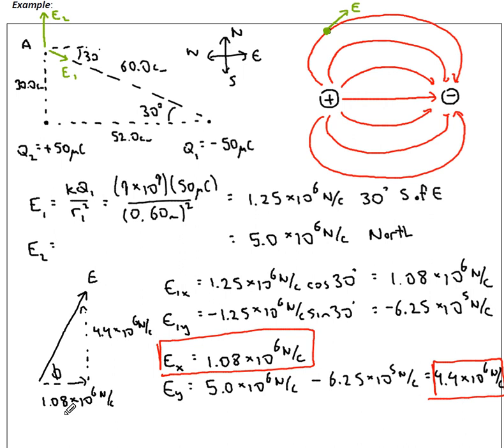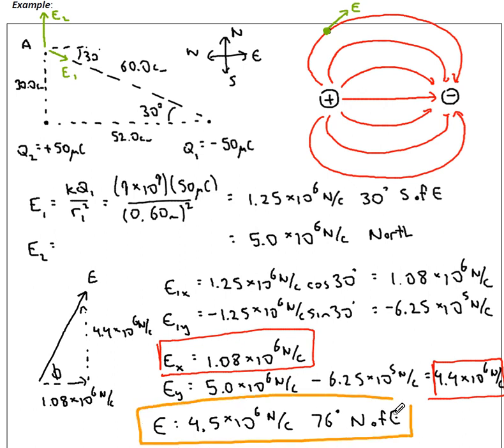So I'll go 4.4 times 10 to the 6 squared plus 1.08 times 10 to the 6 also squared. We get a value of 4.5 times 10 to the 6 newtons per coulomb. And if we do inverse tan of 4.4 divided by 1.08, we get an angle of 76 degrees north of east. And that is our final answer.